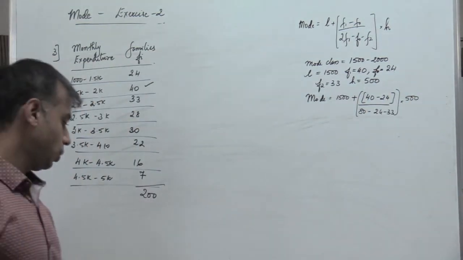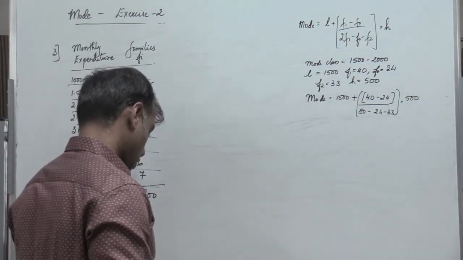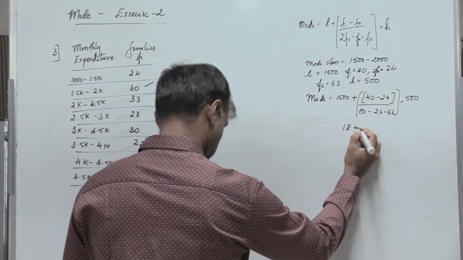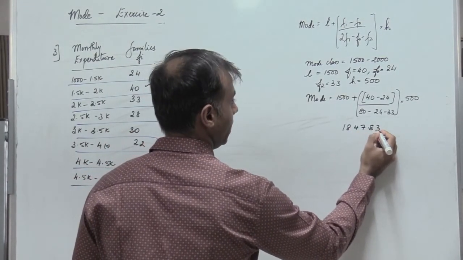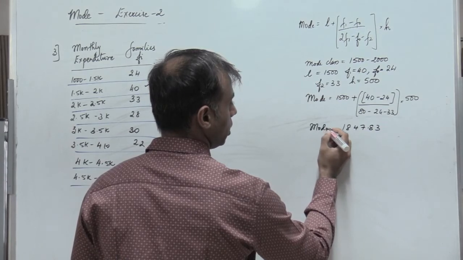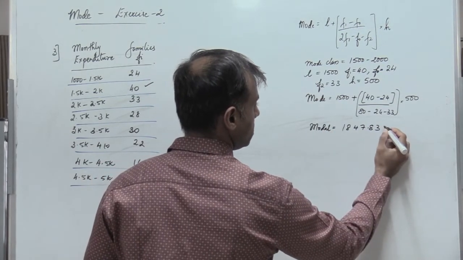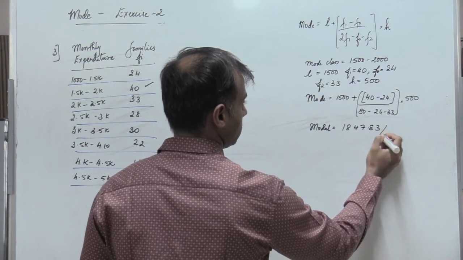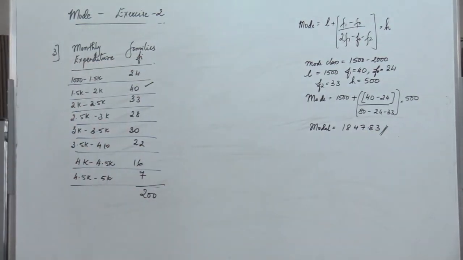When we calculate, we get the mode value as 1847.83. So the modal expenditure of the families is 1847.83 rupees.